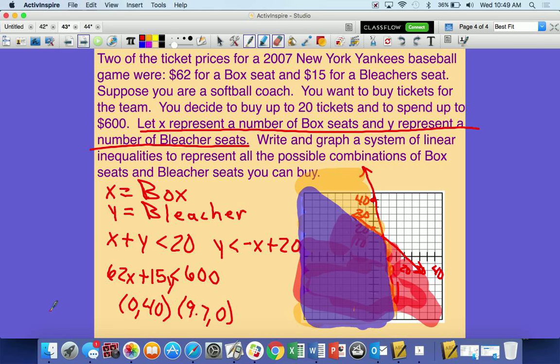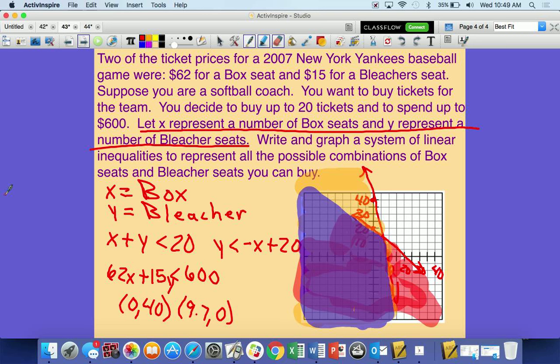And it would, because it'd be less than 20 tickets, and 5 times 62 is 310, so you'd spend less than $600, that'd be totally fine. Or say that you wanted to use this point 5, 10. That's still 15 tickets, so it's less than 20. This is 310, this would be 150, so that's 460? Still less than $600, so you could do that. Okay, so anything in that blue section works?